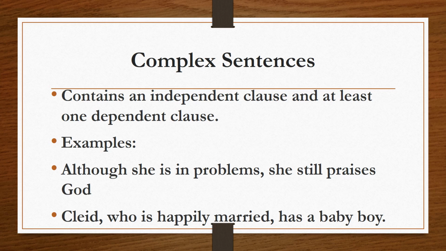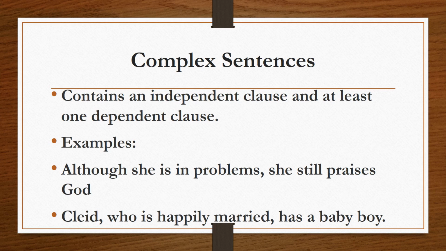Then another example that I can give you of a complex sentence is, Clyde, who is happily married, has a baby boy. So in other words, the main clause, or the independent clause, has been cut into two parts. As you can see, Clyde has a baby boy.